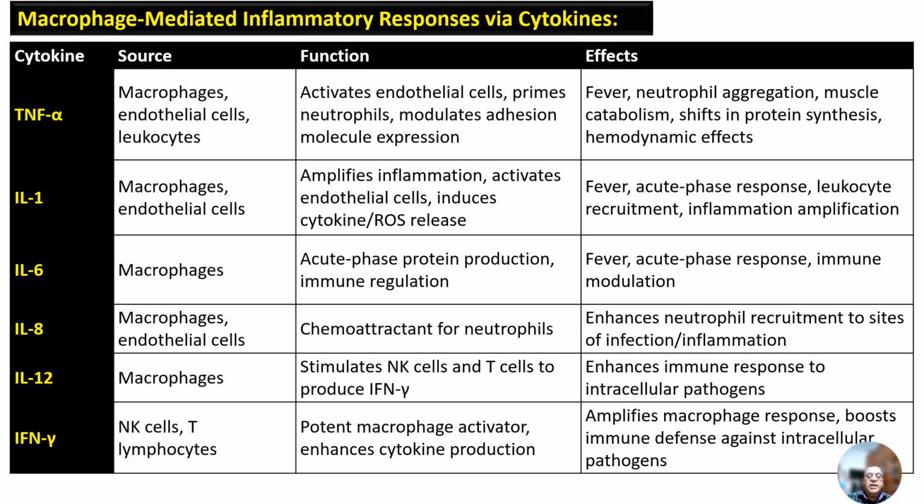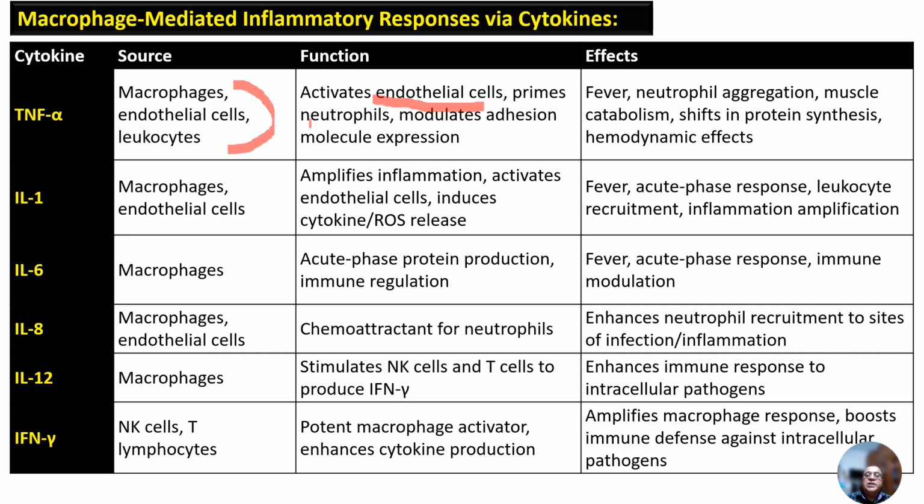This table is summarizing the major cytokines and their source and function. The source of TNF alpha, or tumor necrosis factor alpha, is macrophages, endothelial cells and leukocytes. It acts on endothelial cells and activates them.